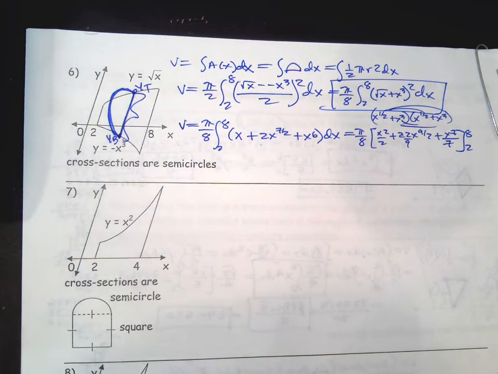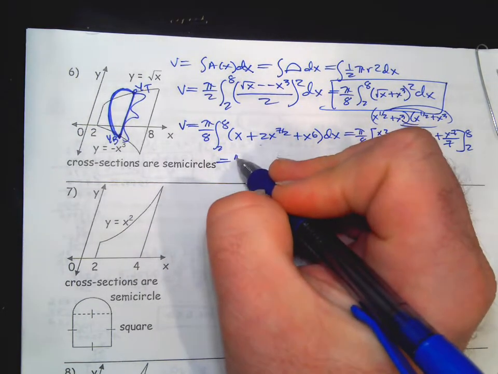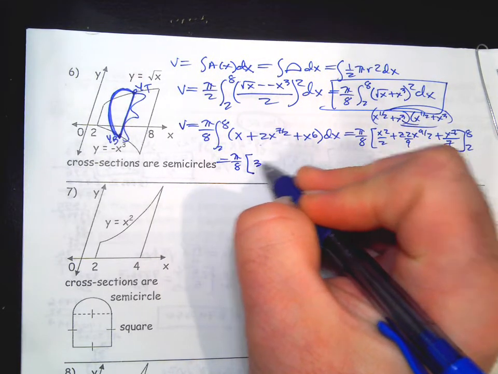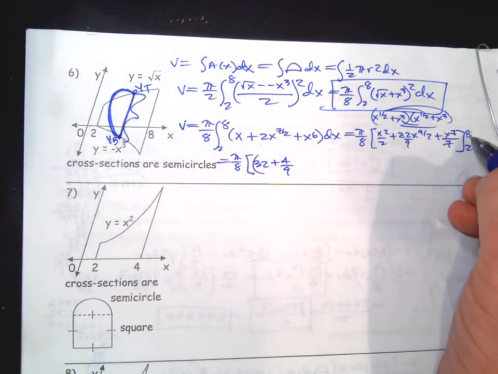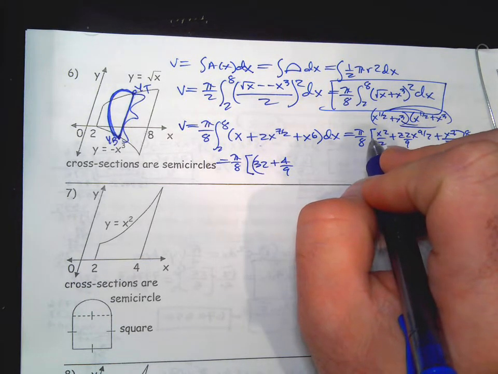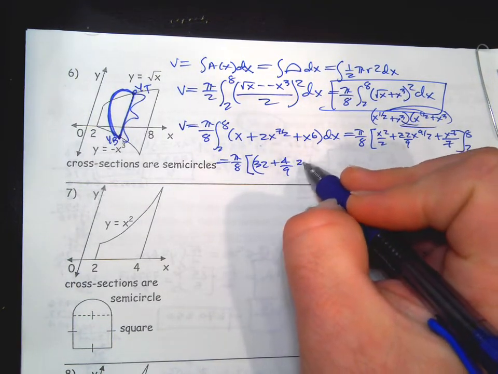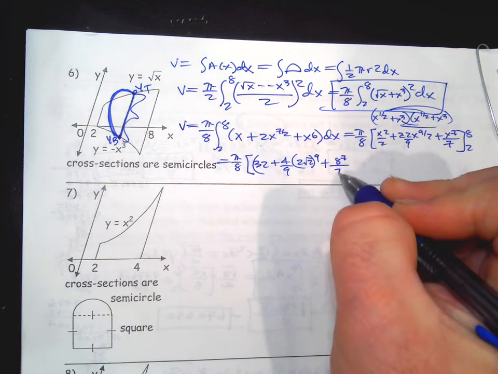Well, I'll write it as much as I can. Pi over 8. It's going to be 64 over 2, which is 32, plus 4/9 square root of 8, which is 2 root 2, to the 9th power, plus 8 to the 7th over 7.